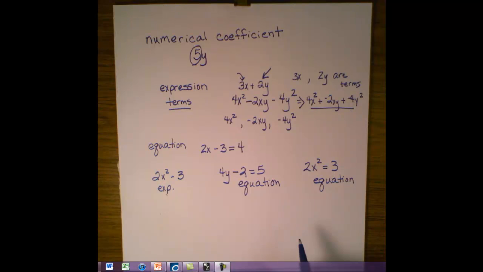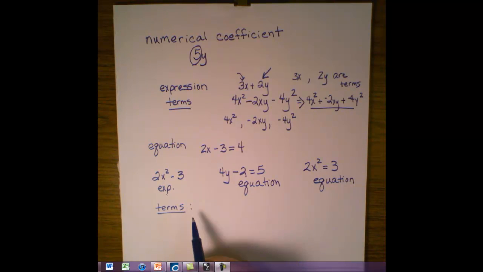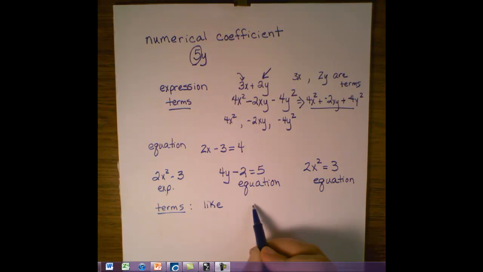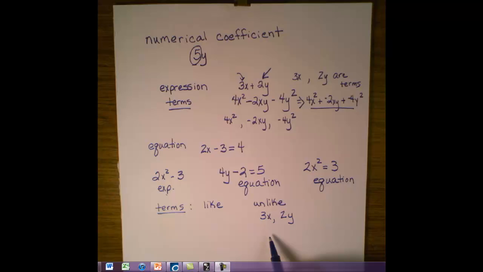Now, once we have terms, we then want to kind of classify terms. Terms come in two types. They're either like or unlike. If I have 3x and 2y, these are unlike terms because the x and the y are different.